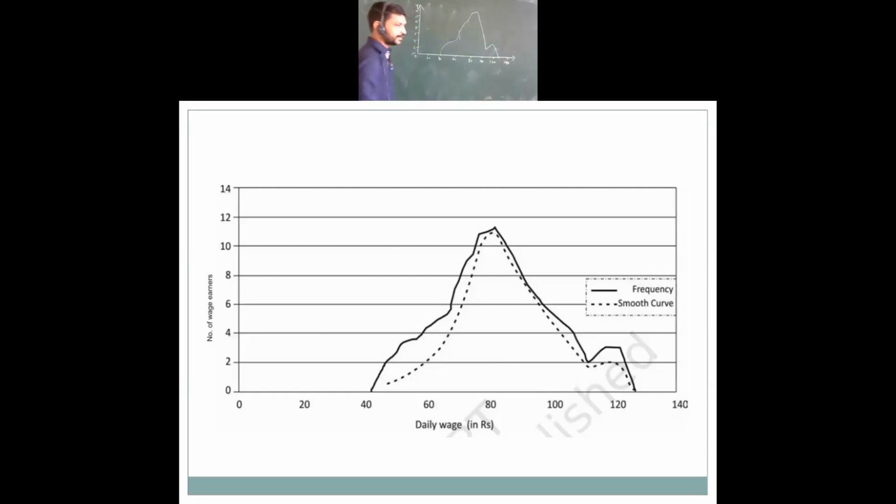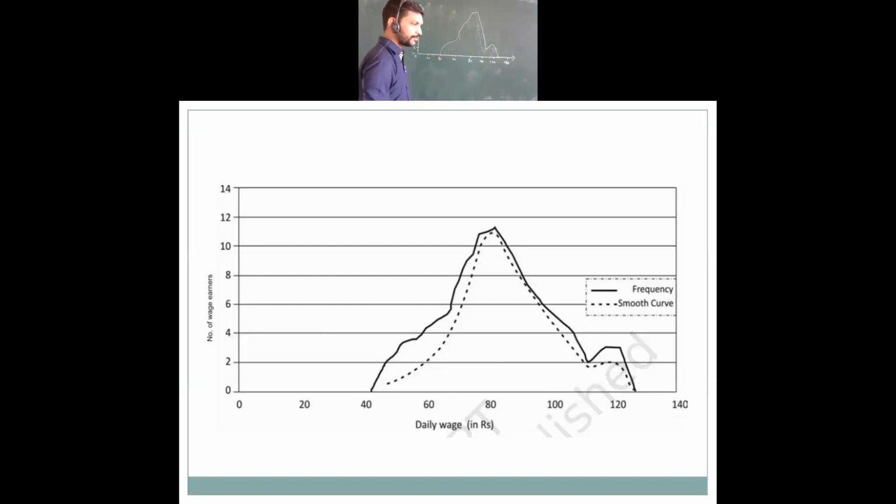So this is the freehand drawing I tried. It is not exactly the same. Then they have taken the dotted curve like this, ending up there. That's it. This is the curve, as you can see.